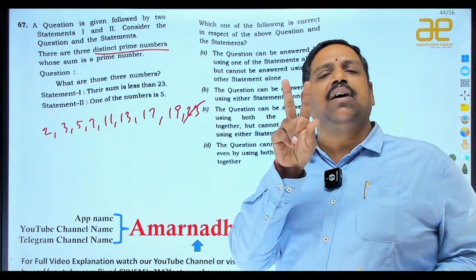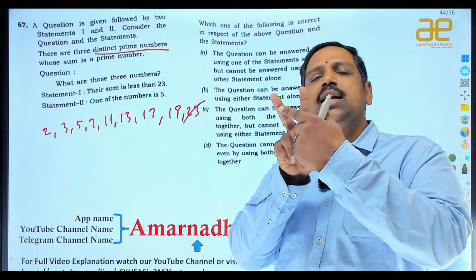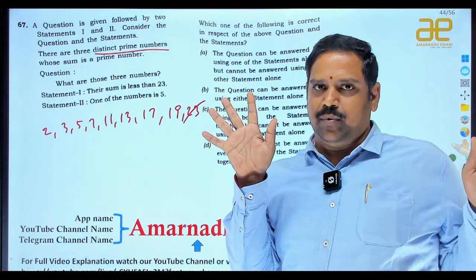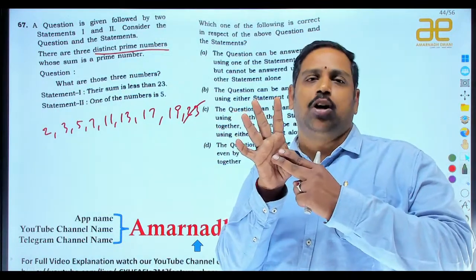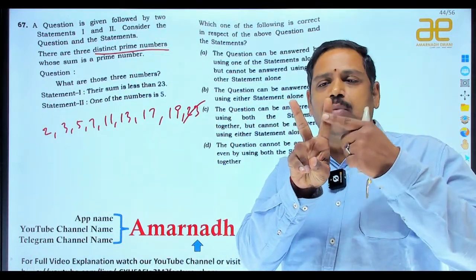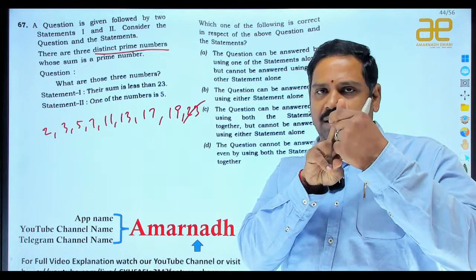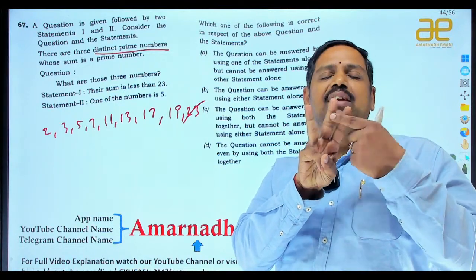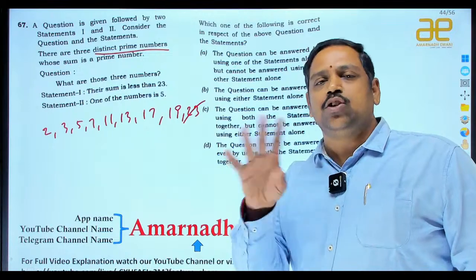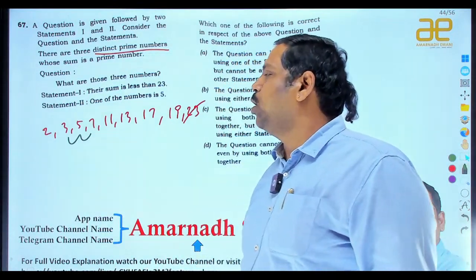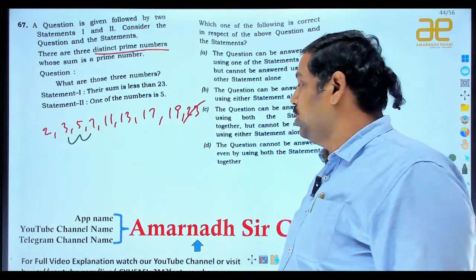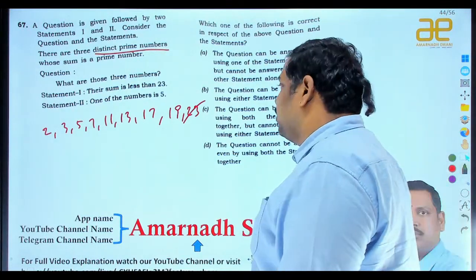Odd plus odd is even, plus even is even. But the sum is a prime number other than 2, so definitely an even number should not be taken. Odd plus odd is even, plus another odd number, even plus odd is odd. All the 3 should be odd numbers. Okay, verify these 3. 3 plus 5 plus 7 is how much? 15, not a prime number. So leave it. Next one.